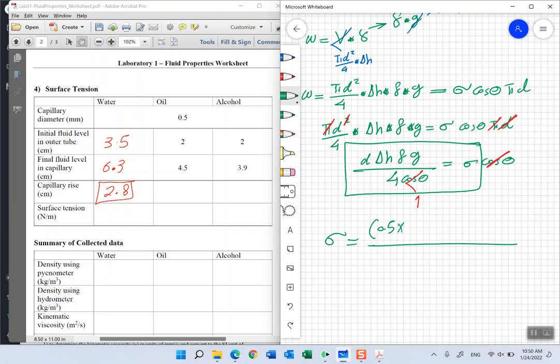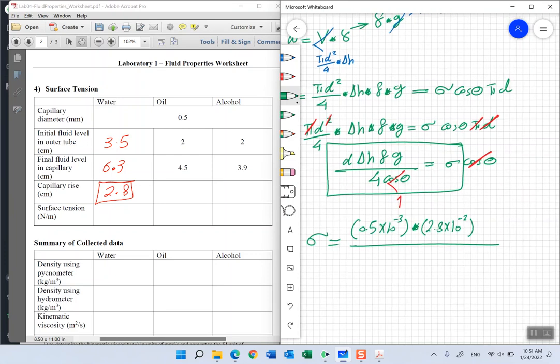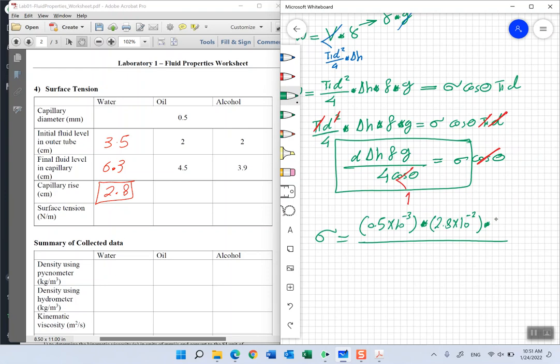So 0.5 multiplied by 10 to the power negative 3, multiplied by delta H, which is 2.8 multiplied by 10 to the negative 2, because it's in centimeters, multiplied by 990 multiplied by 9.81, and all of that is divided by 4.